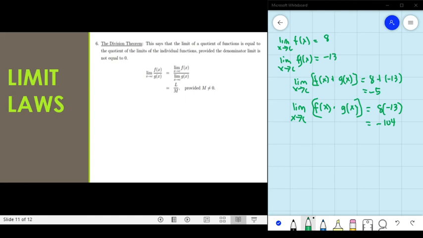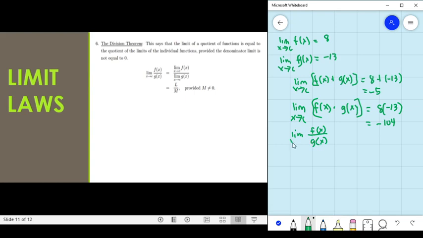So we are going to divide. In our example above, if we are going to find the limit of f of x over g of x as x approaches c, we are going to find the quotient of 8 divided by negative 13, since our limit of g of x is negative 13.